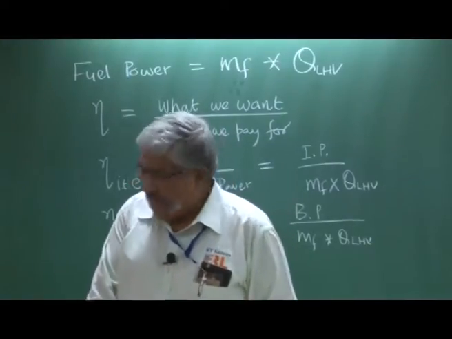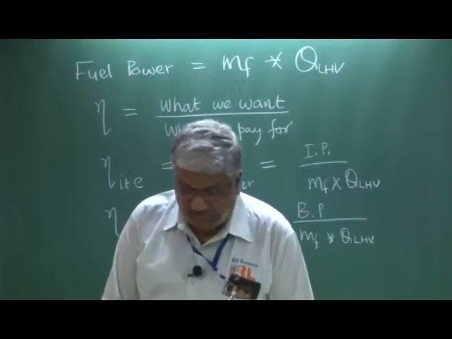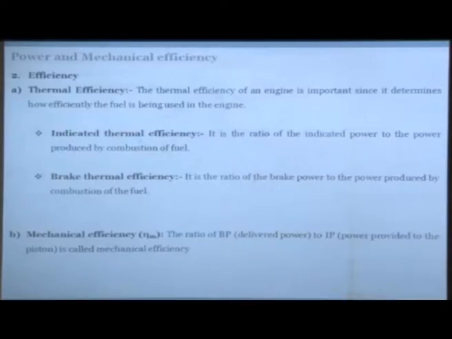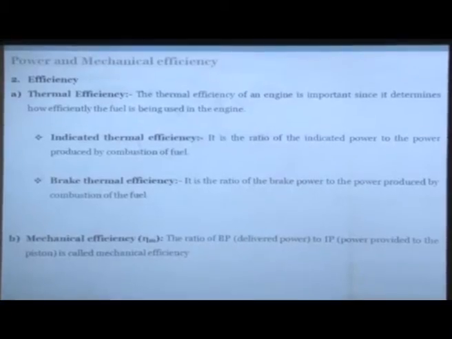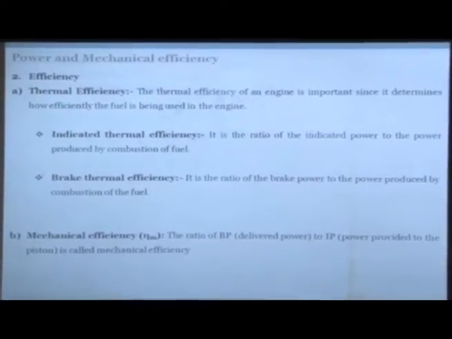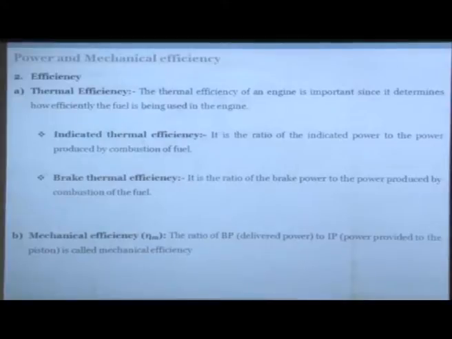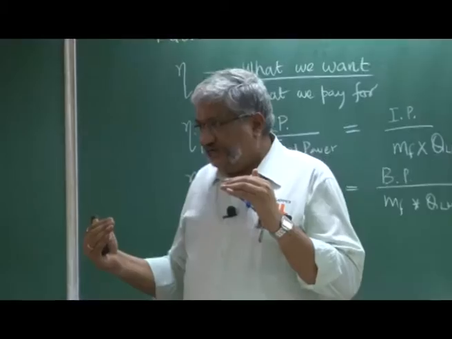The next parameter is mechanical efficiency. What is mechanical efficiency? It is nothing but the ratio of these two, brake power divided by indicated power. Mechanical efficiency means the efficiency of your powertrain: how much power you are putting in at the piston and how much power you are getting at the shaft end.